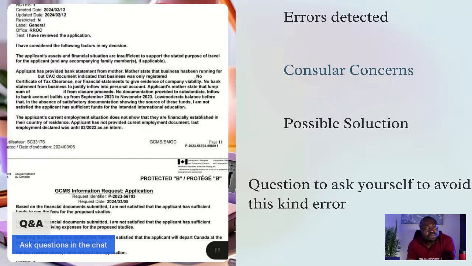Tomorrow we'll review other cases, but we won't review financial cases. I know financial cases have to do with the bulk of reasons why visas are rejected. So tomorrow we will be seeing other reasons why study visas can be rejected.